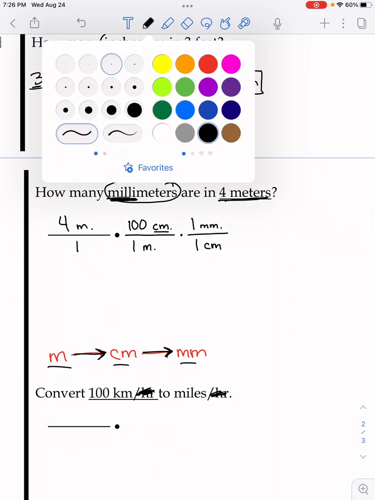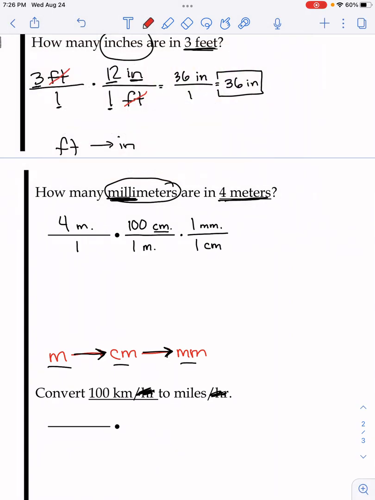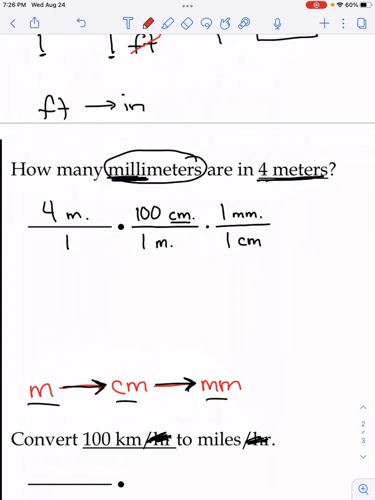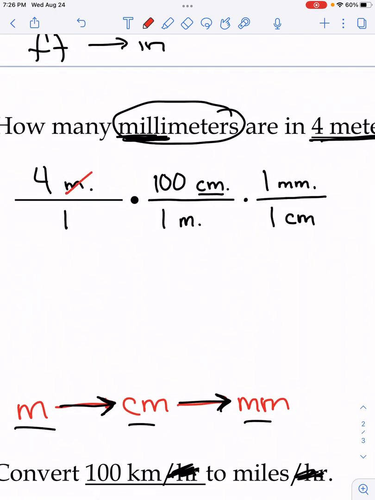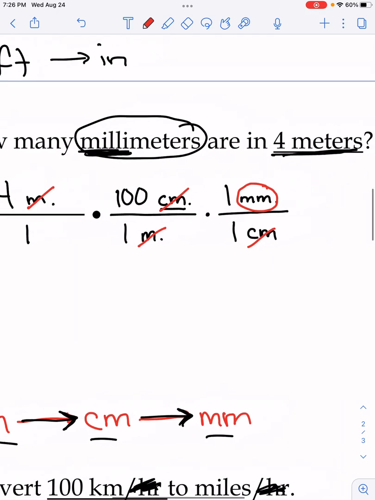Okay. Now let's move on to step 3. We're going to multiply and simplify. I'm going to cross out any units that we're able to cross out. Meters cancel out, right? They're just equal to 1, so we draw those lines to represent ones. Centimeters also cancel out. So we can see the only unit I have left is millimeters.